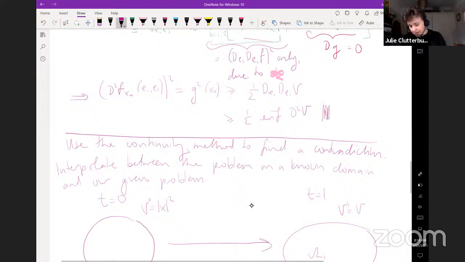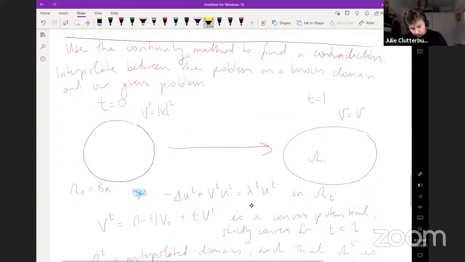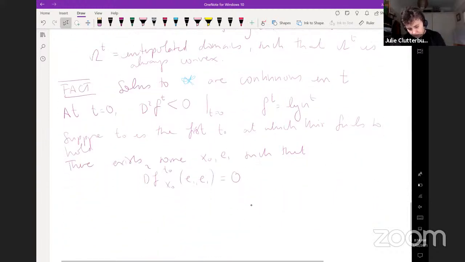Because our interpolated potential is actually strictly convex, this is going to be strictly positive. Let's call this yellow star. Okay, so this contradicts.